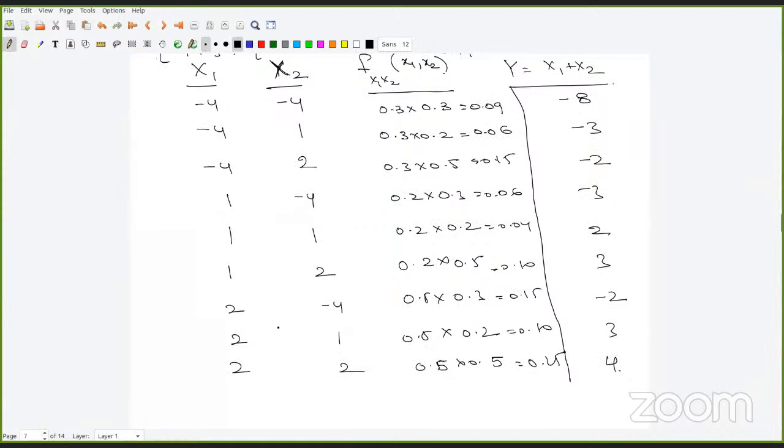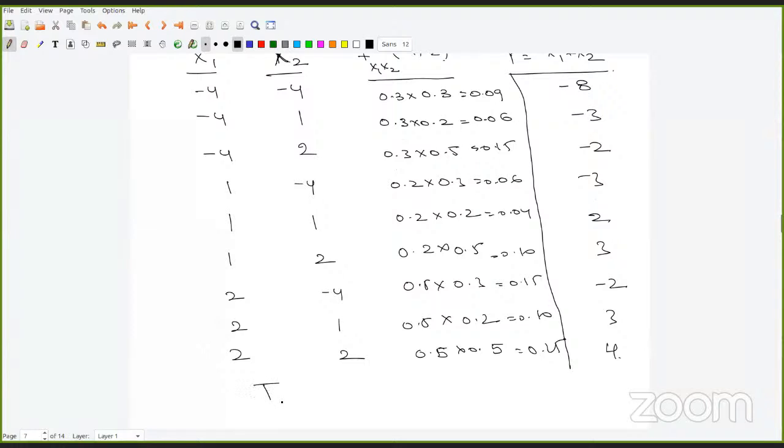So what is the range of y? -8, -3, -2, 2, 3, 4. What is the probability that y takes -8? There is only one possibility, x1 and x2 taking values -4 and -4.